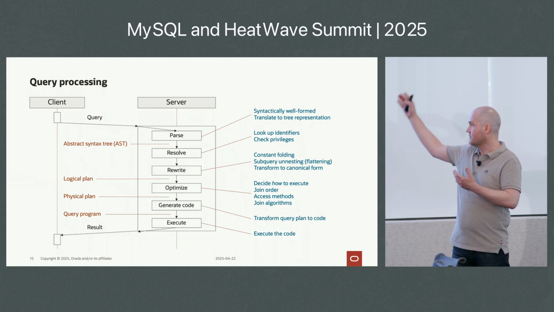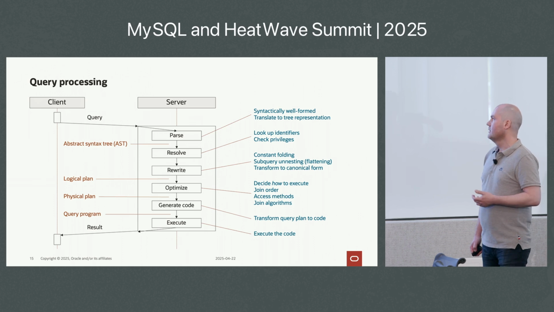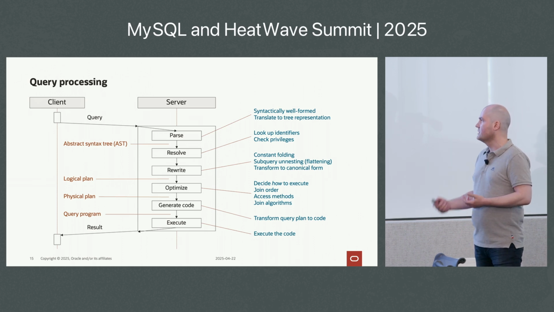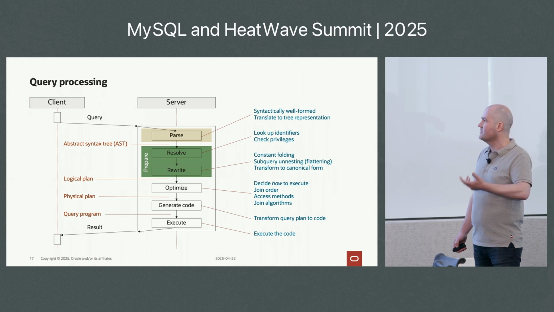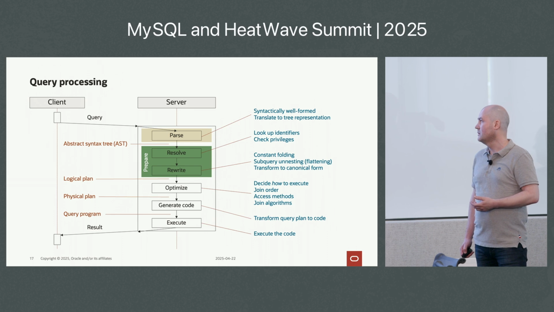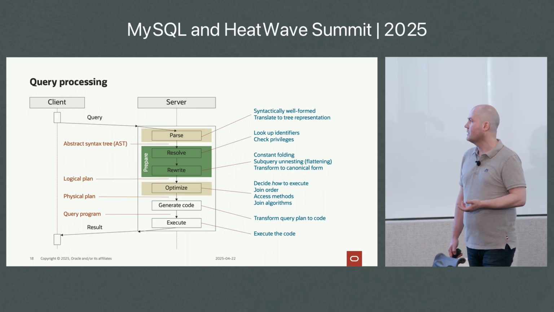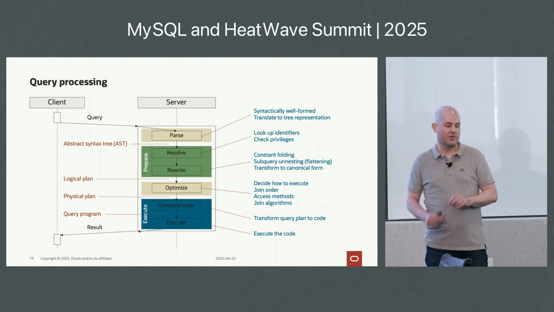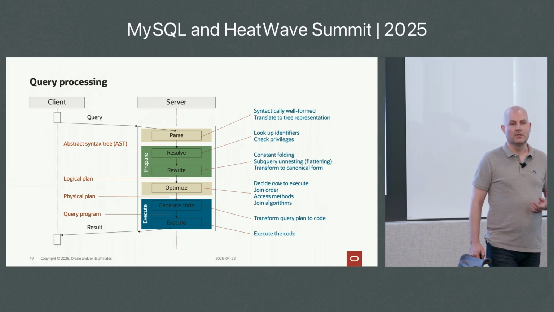So this is the textbook version of how it's done. Every database system groups this differently. MySQL has a parse step. We have a prepare step that does the resolve and rewrite that we really call transform in MySQL. We have one optimize step, and then code generation is just a thin layer on top of execution. So that's the MySQL model.